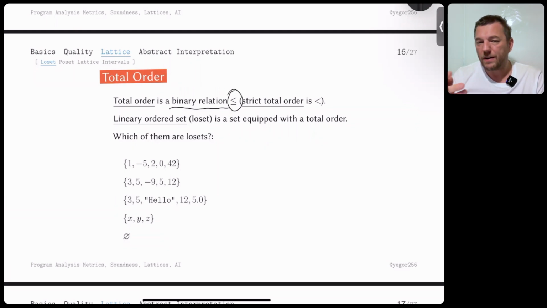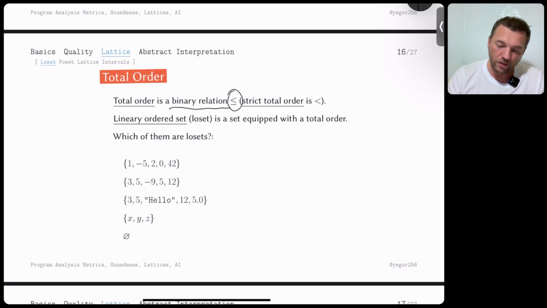So we can compare every two numbers in the set, and the result of the comparison will tell us which number goes left or right. So the result of the comparison is known. We can take any two elements from the set, and they are comparable.